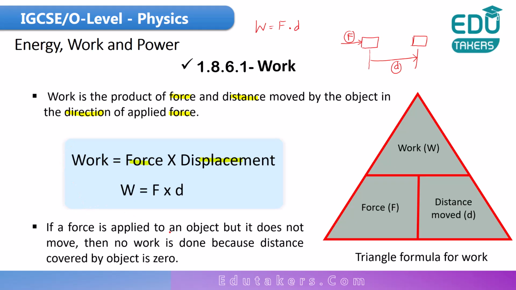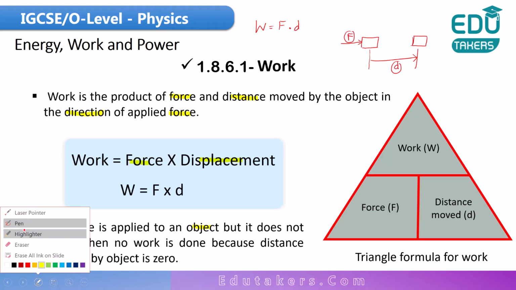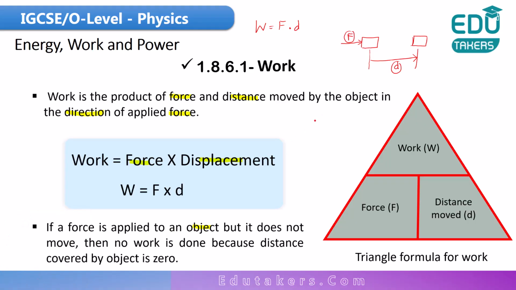If the force is applied to the object but it does not move, it means that if I consider there is an object, you apply the force on this object, but this object does not move, it remains at the same position. Then in this case, the distance covered is 0 because the object is not moving.